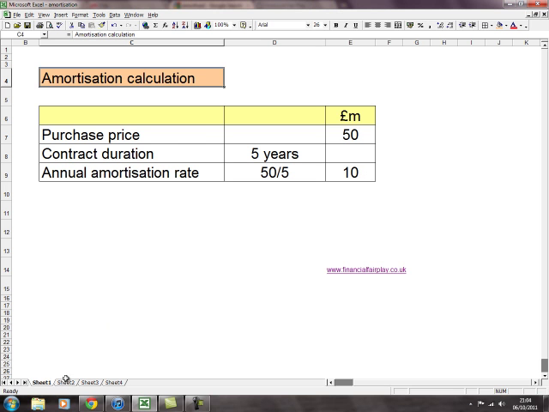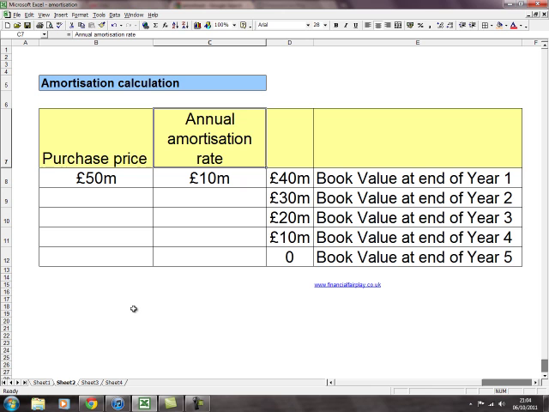So to take this example a step further, this is really what happens to the player in terms of the books and the balance sheet of the club. Same example: purchase price £50 million, over a 5-year contract, written off at £10 million a year. At the end of year 1, he's got a book value of £40 million.